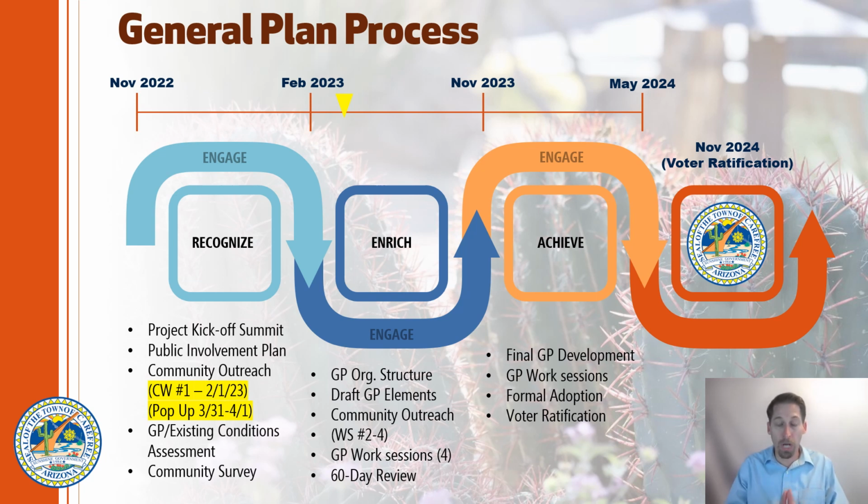And the yellow triangle identifies that we're now getting into the early stages of our enrich phase, which is where we would start drafting the general plan, as I mentioned on the previous slide. So some of the key takeaways from our recognize phase, which we just completed, is our community workshop 1 that was facilitated back in February.